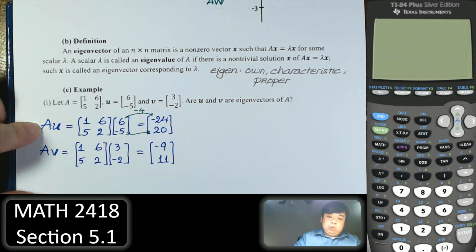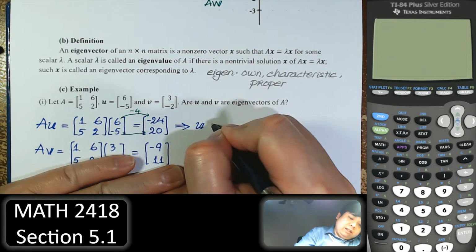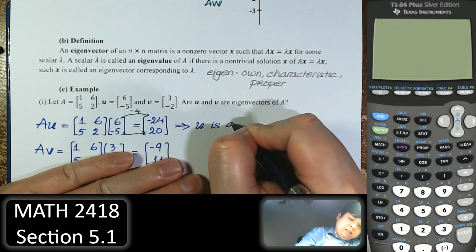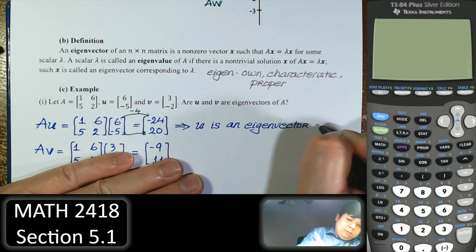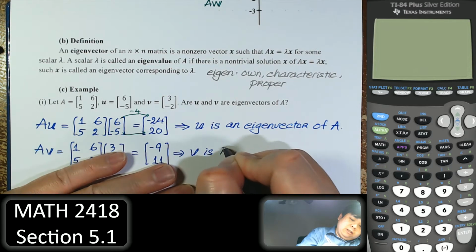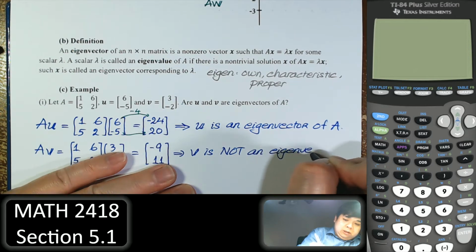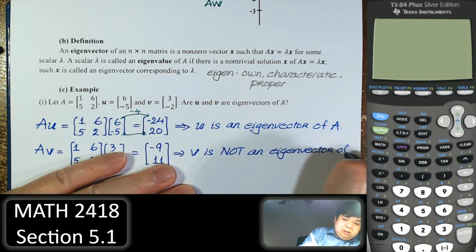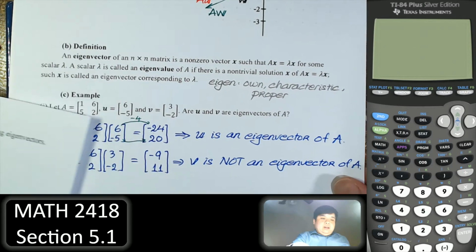So in this case, u is an eigenvector of A, and v is not. Right. So simple enough, and the eigenvalue here is -4.